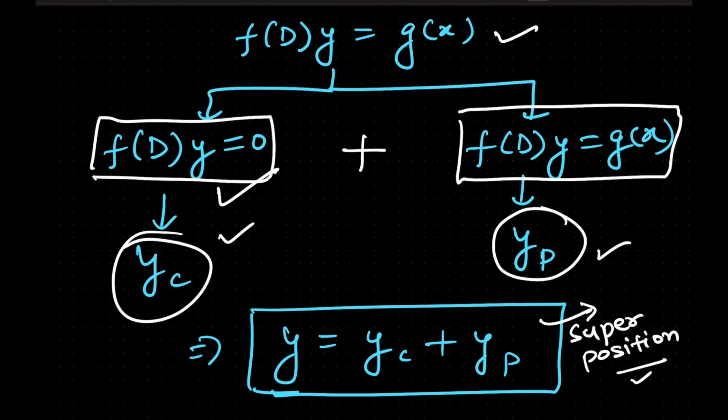In the complementary part, we see the natural behavior without the involvement of an external force, because g(x) is like an external force, and y_p accounts for external inputs or forcing functions. In this video and the upcoming video, we will focus on finding y_c, the complementary part, and after 2-3 videos, we will see how to find the particular solutions.